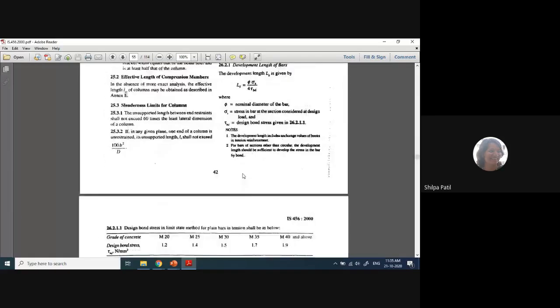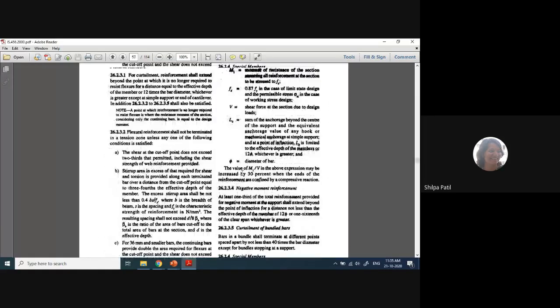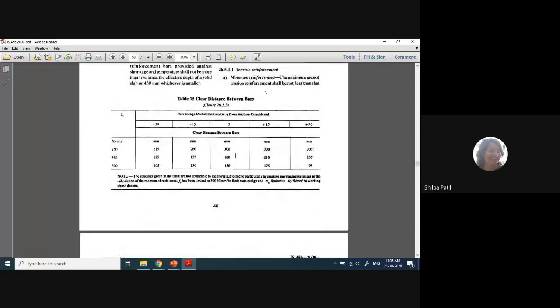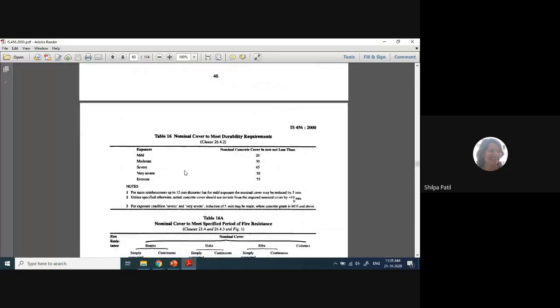Okay. So I will go to page number 47 here and refer to the table. Yes, 47. So for mild exposure condition, the nominal concrete cover in mm should not be less than 20. So 20 mm cover minimum is required. We will adopt 5 mm more.